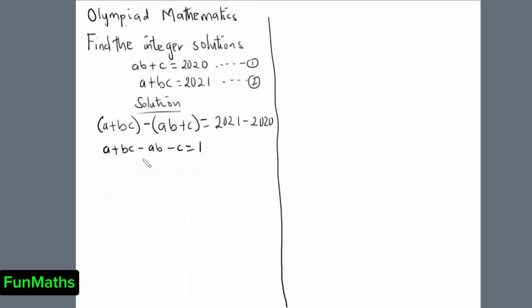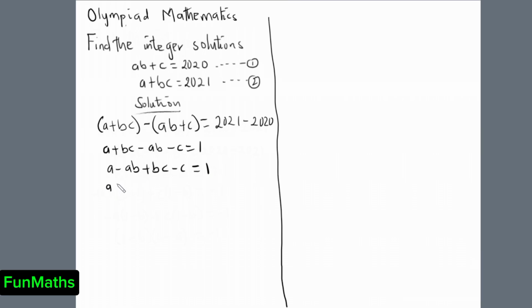I can collect like terms now. A and AB are like terms. This means I can write A minus AB, bring them together, plus BC minus C equals 1. Now, the next thing to do is to factorize. What is common between A and AB? A is common.